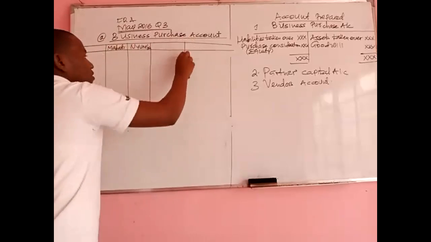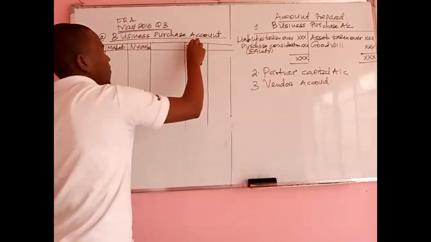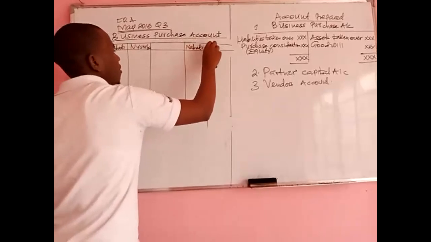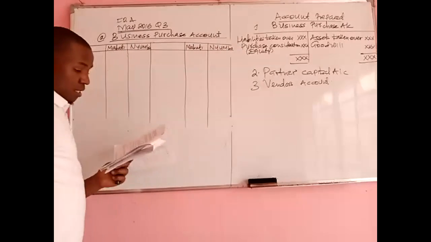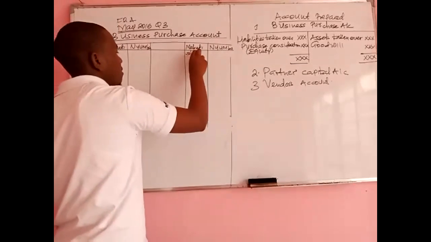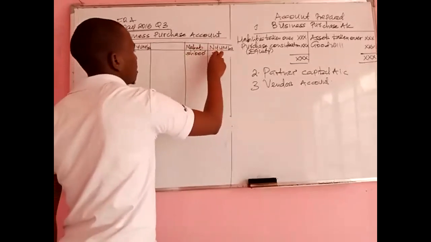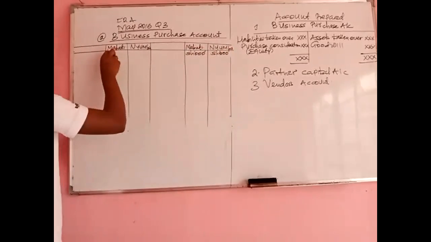So this one will also have Mabati. We also have Nyumba. Shillings in our case are in thousands, so I'll have shillings in thousands.